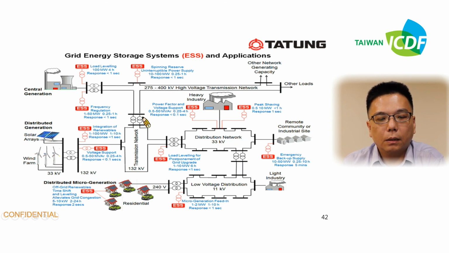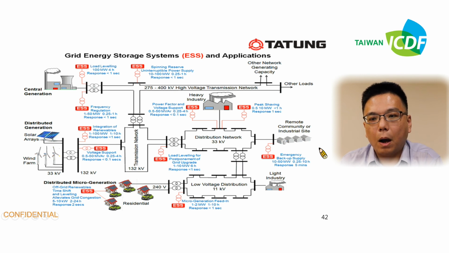If we integrate with the transmission network, we can have power factor and voltage support, and if we integrate with the distribution network, we can have load leveling for postponement of the grid upgrade. Another application is integration with remote communities and the industry side, because in remote areas the power quality, especially the voltage, will not be stable.